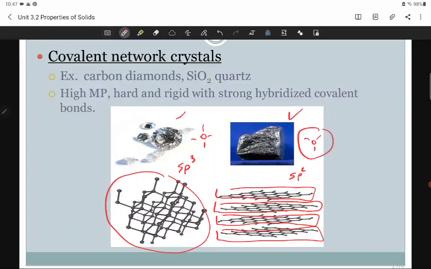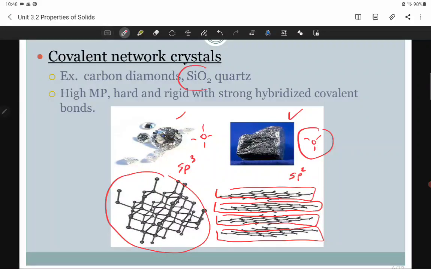The only bonding that can occur is more like a London dispersion force, not very strong. So that gives it much different properties than diamonds. If you take your graphite pencil and draw it across a piece of paper, those sheets are going to come off easily from each other off the tip of your pencil.